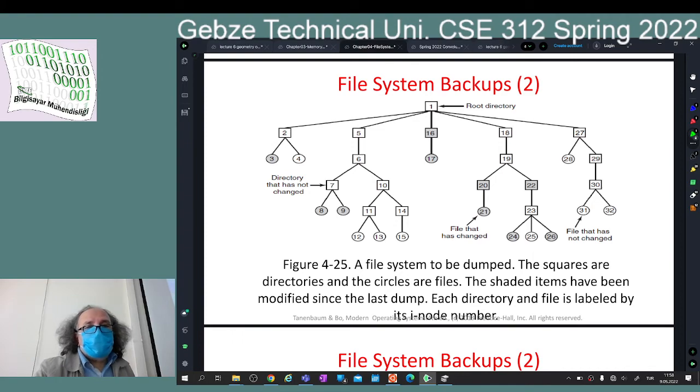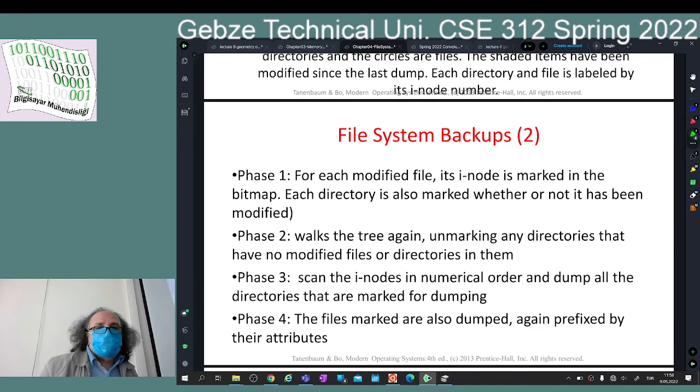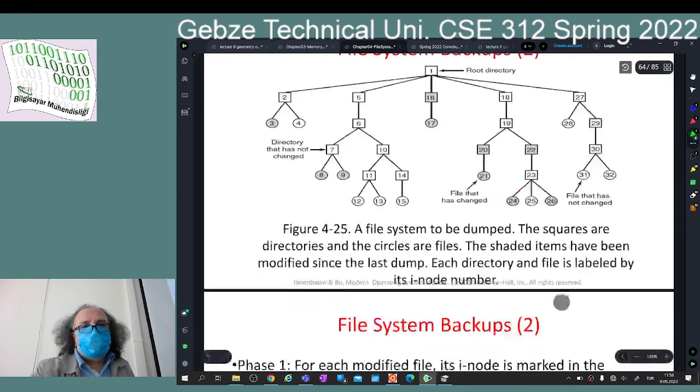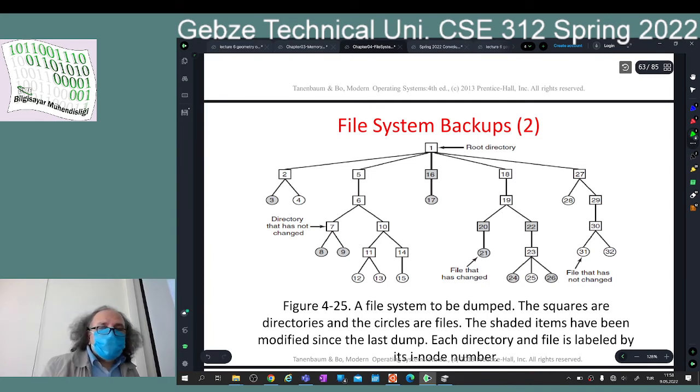I am going to take backups of those inodes. Each directory is also marked, whether it is modified or not. So first I mark all of these files' inodes, and then I mark the inodes of those directories.